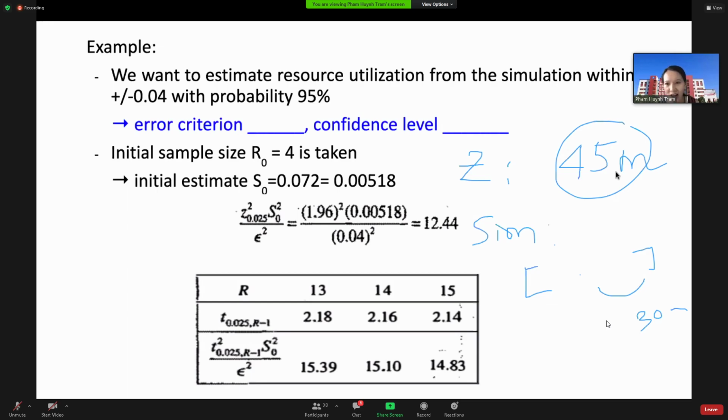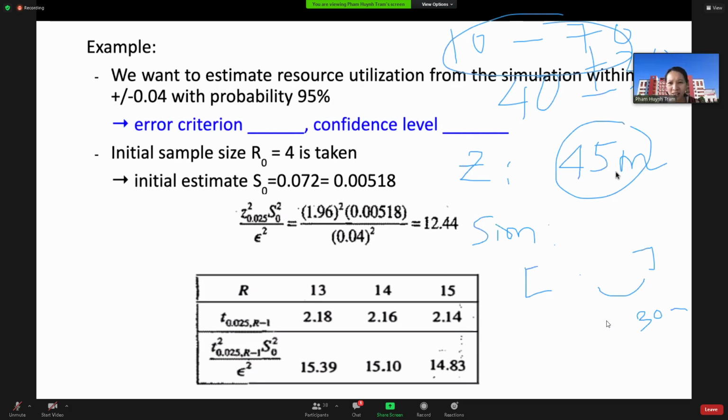If the average waiting time in your simulation is also 45 minutes but plus or minus 30 minutes, it means that the output of our simulation may vary from 10 minutes to 70 minutes. The confidence interval is too wide.